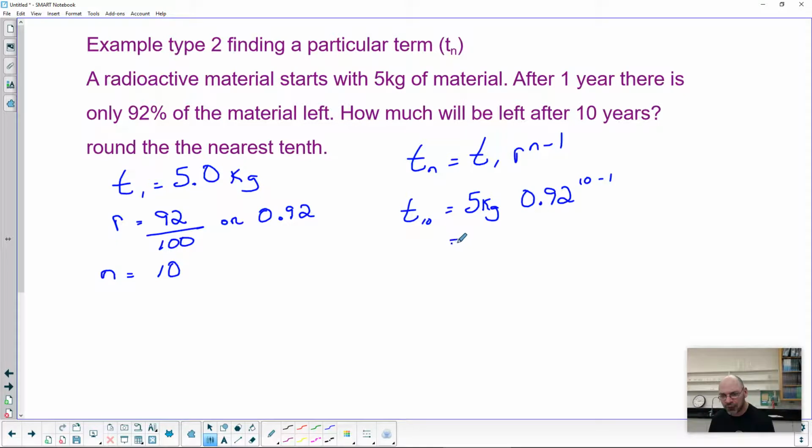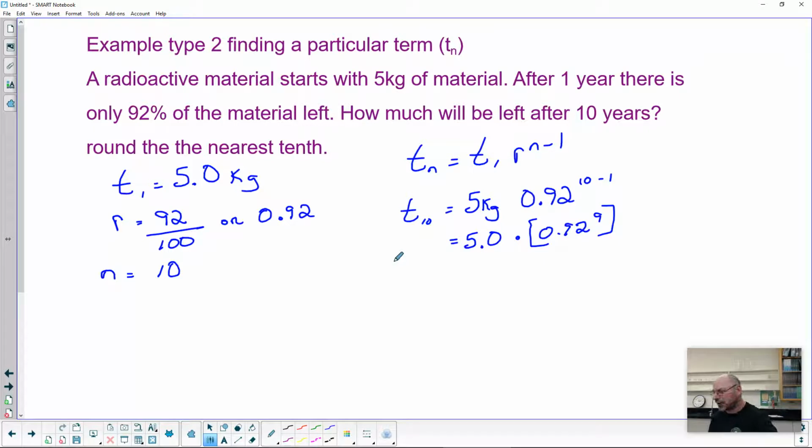So if we do this, it's 5 kilograms, 5.0, times 0.92 to the power of 9. Now, I'm going to put brackets in here so you don't forget. The power has to be done before you multiply, otherwise you'll be way off.